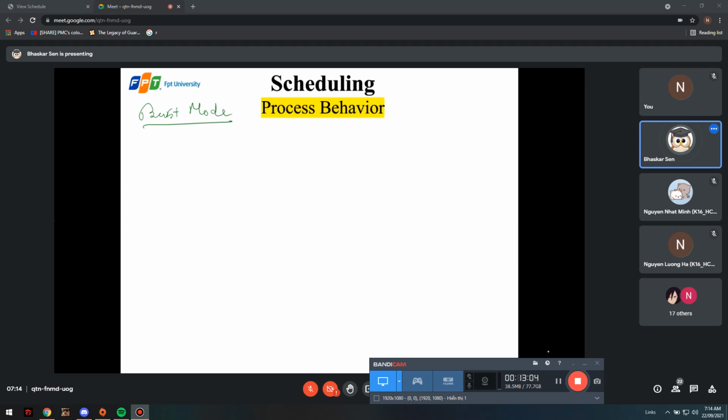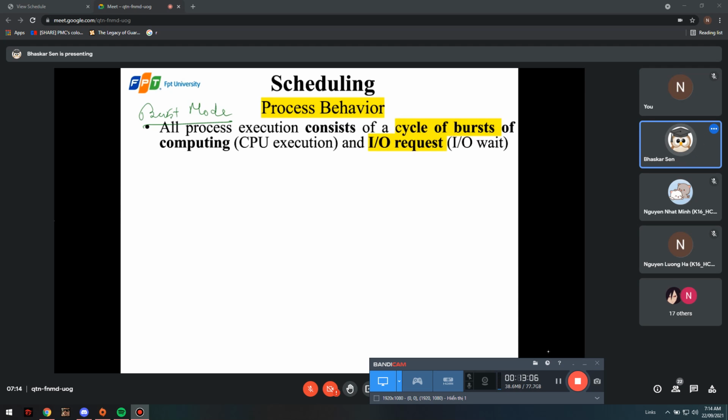CPU burst, IO burst, as you can see right here. Execution consists of a cycle of bursts of computing, that is called CPU execution, and IO request.